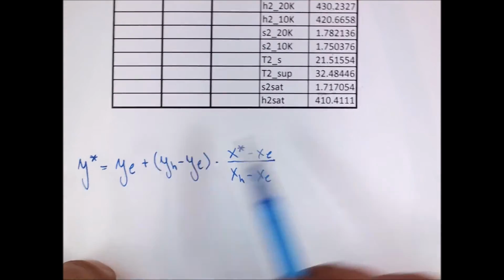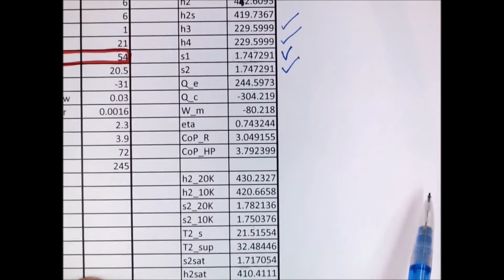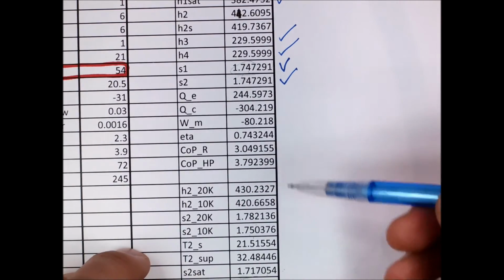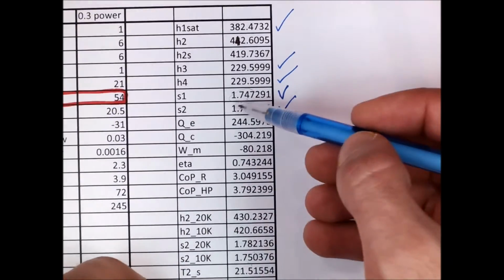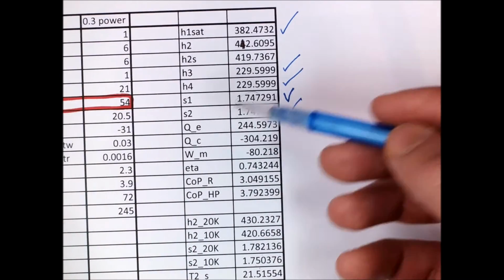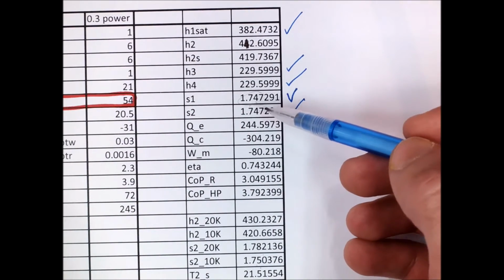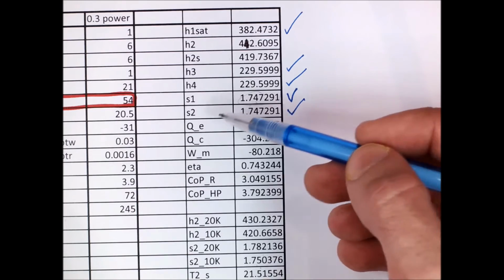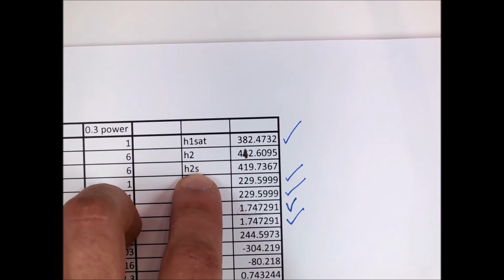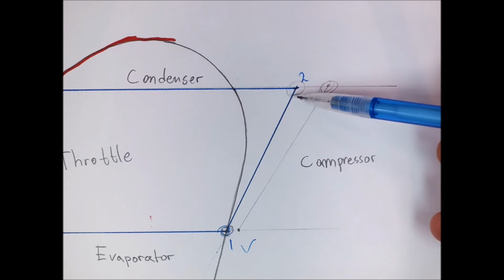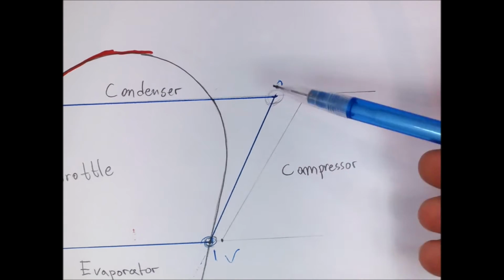So we can again substitute the appropriate values and obtain the property of interest that goes with this entropy S2. But what is this property, you might ask? Well, this is H2S. That's what we're trying to obtain: the enthalpy at point 2.